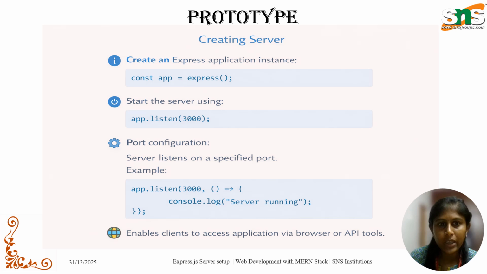This is a program. Here req represents the request, the app.get method defines a route, and res represents the response. app.listen starts the server. So now your server runs on port 3000.